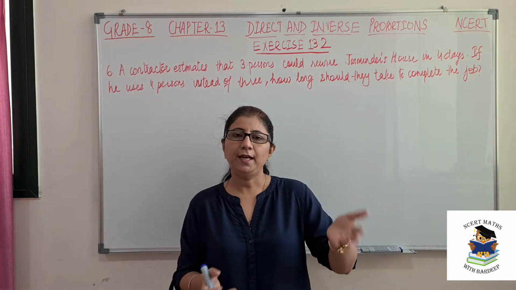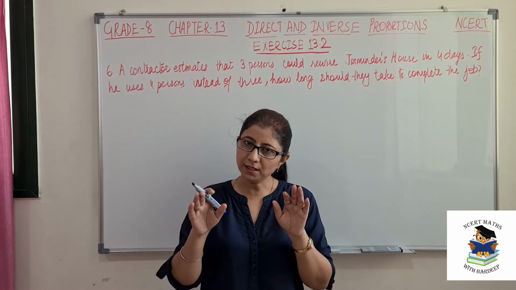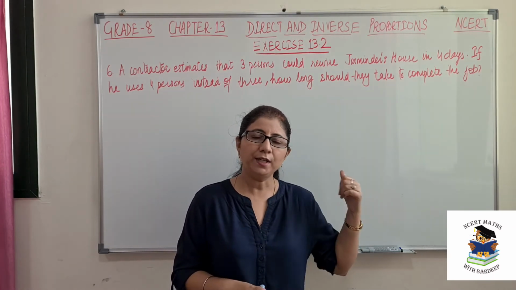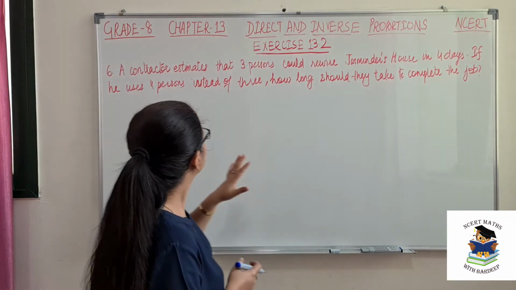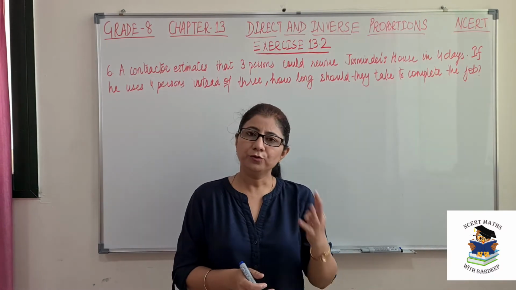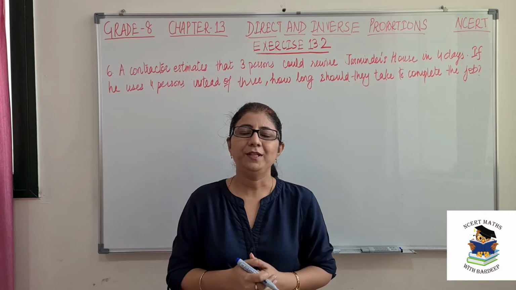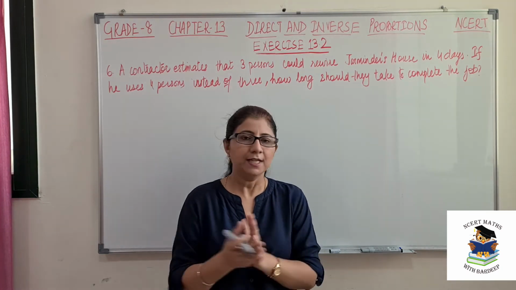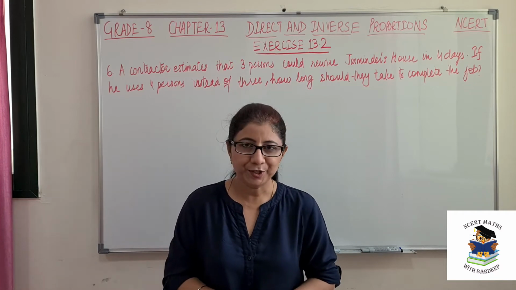But if we use more people, then the same work can be done in fewer days. So here is again the same case. If 3 persons can complete some work in 4 days, and we increase the number of people, the same work can be done in fewer days. Since the data is going in opposite direction, this is again inverse proportion.